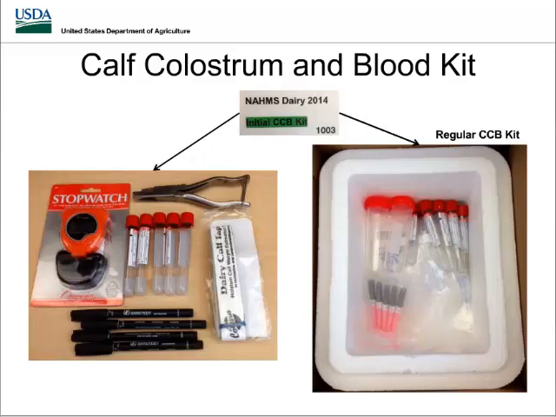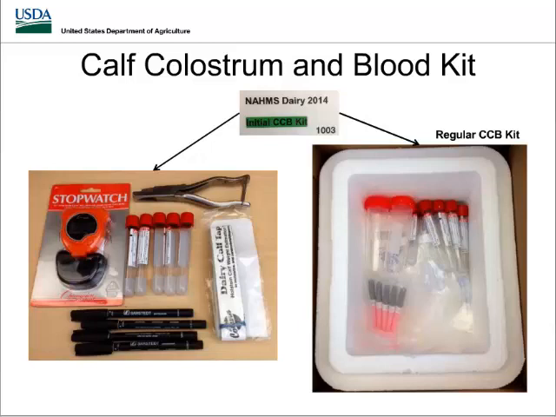So anyway, there are the 2 calf colostrum and blood kits, the initial one and the regular one. The only difference is that the initial kit has a Ziploc bag with a few extra reusable tools, and that includes an ear notcher, a stopwatch to use for the BVD test kit, 5 extra serum separator tubes, 4 permanent markers that you can use for the health card, and also a calf weight tape or growth tape.